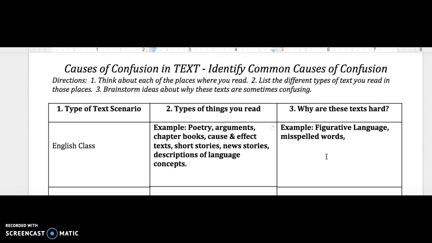So we can think about, okay, figurative language is why sometimes those texts are hard. Big words make them hard.